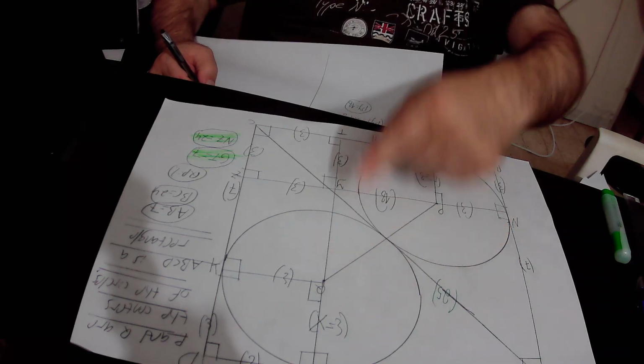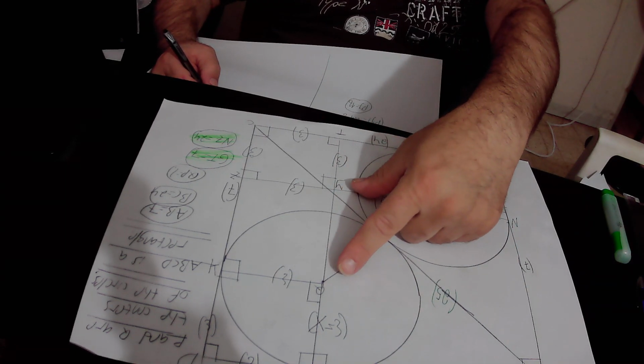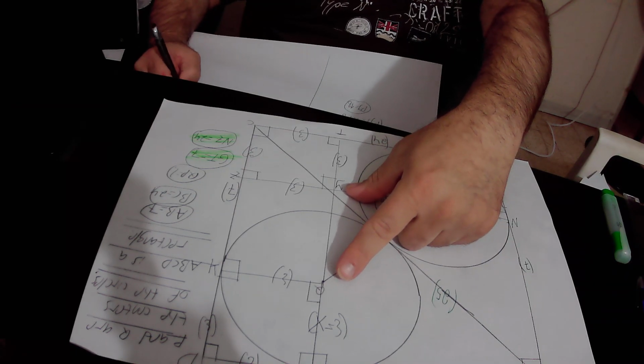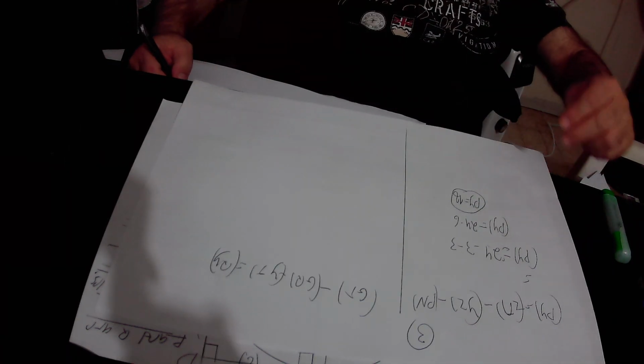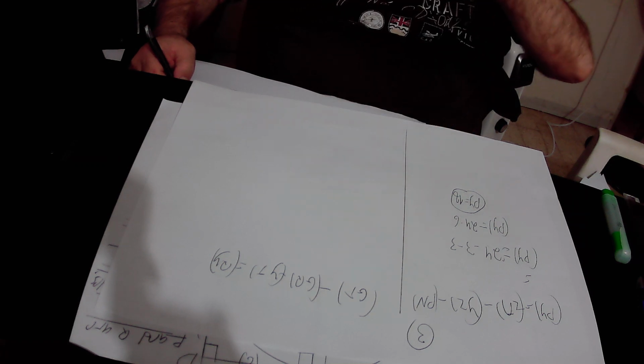In total, GT minus GQ minus YT equals the missing side QY. Repeat again: the missing side QY equals GT minus GQ minus YT.